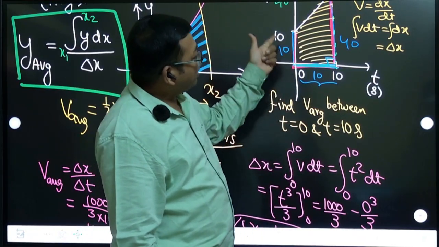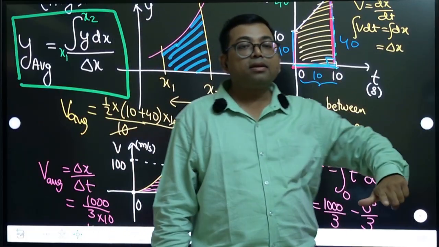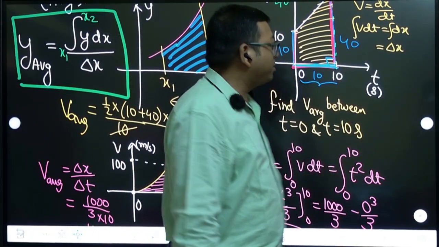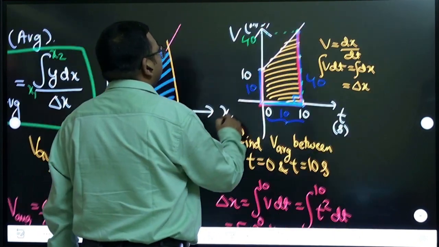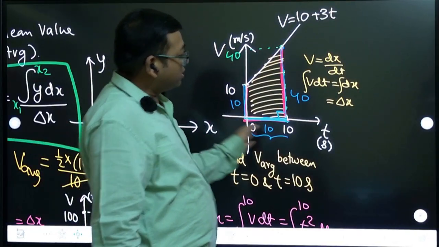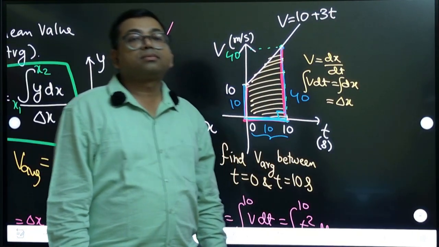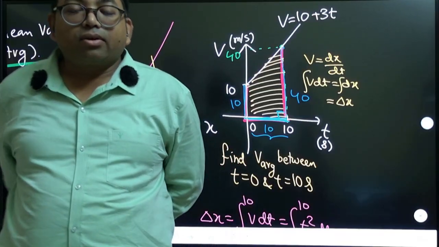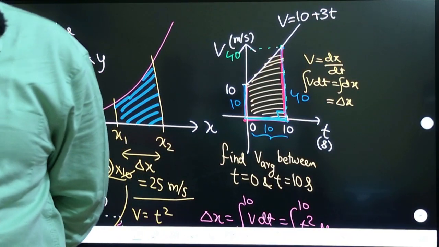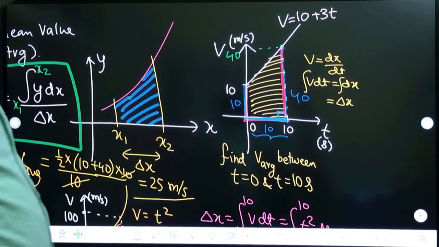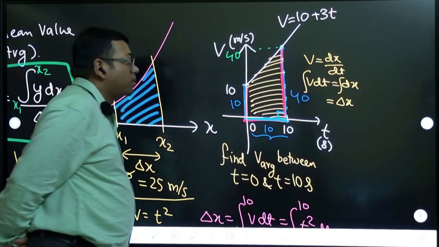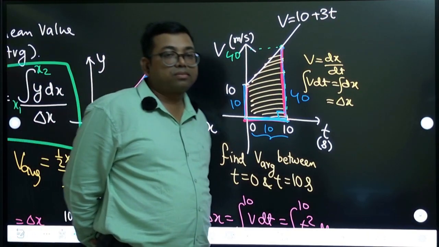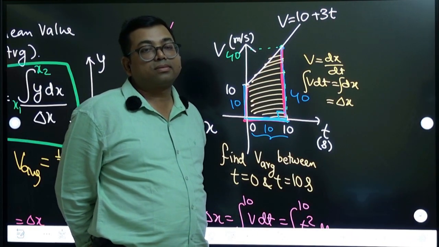And actually, if the velocity time graph is a straight line, tell me whether acceleration is constant or not. Suppose the velocity time graph is a straight line. Is acceleration constant or not? Yes.